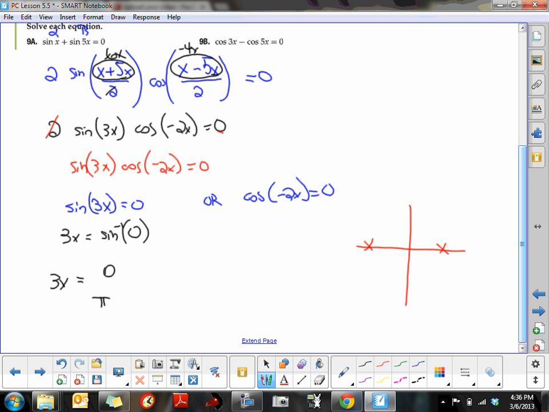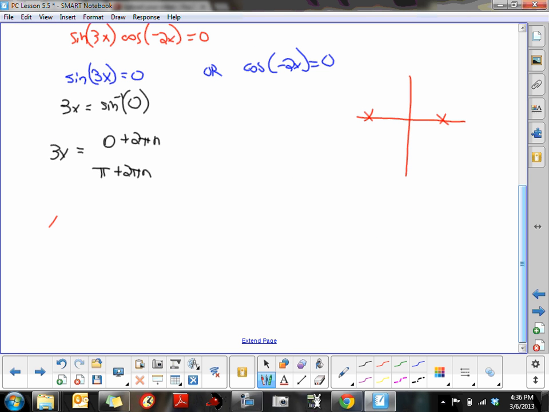And we want to get all the wraparound angles, so I'm going to put plus 2 pi n, plus 2 pi n. Then I want to get rid of multiplying by 3, which means we have to divide by 3, or in my case what I'd rather do is take both of these equations and multiply them both by 1/3. So 0 times 1/3 is still 0, plus 2 pi n becomes 2 pi thirds n.